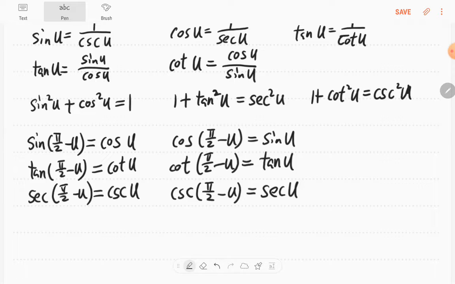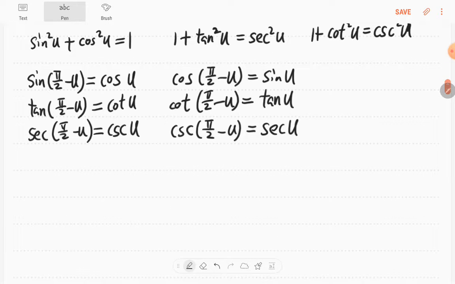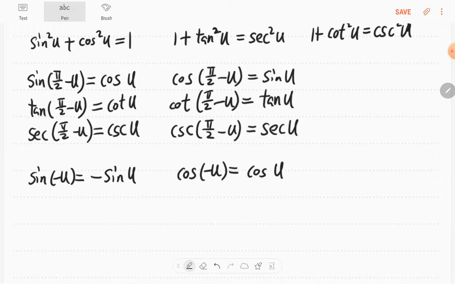And then we have the odd or even identities. The sine of negative u is equal to negative sine u. With this kind of identity we can deal with the negative sign inside the function. Cosine of negative u is equal to cosine of u.